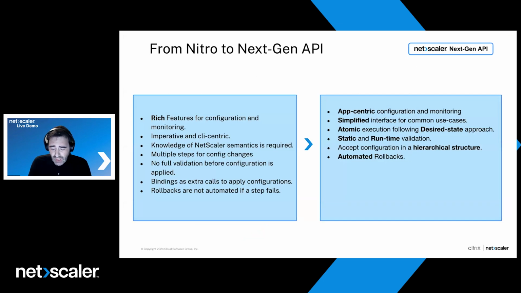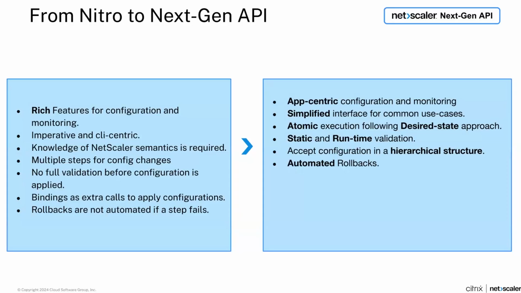Today, our existing API is rich of features. So you can do everything on NetScaler. You can do configuration, you can get monitoring information, but our API is there for many years, which means that when we designed the API, we built our API on top of the CLI, which means that it follows the way that the CLI works.